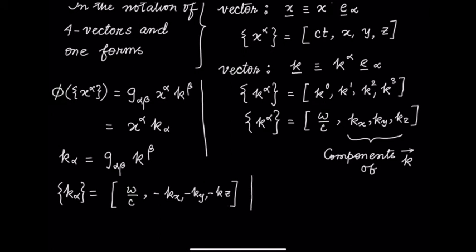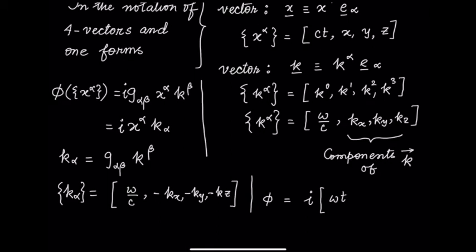So you see that I get phi equals, and I should have an i here, i. How do I do the sum? x alpha, k alpha. Well, first 0, x0, k0. x0 is ct, k0 is omega by c. So the first term is ct times omega by c, which is omega t.